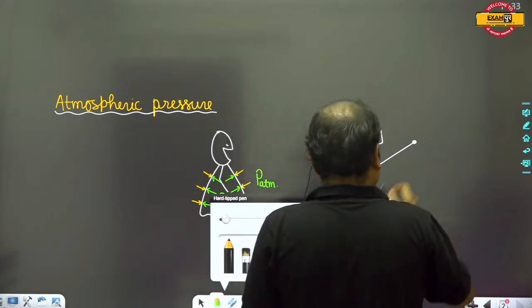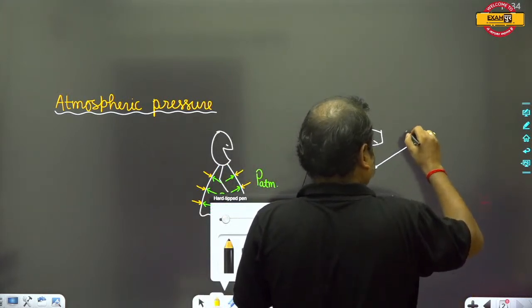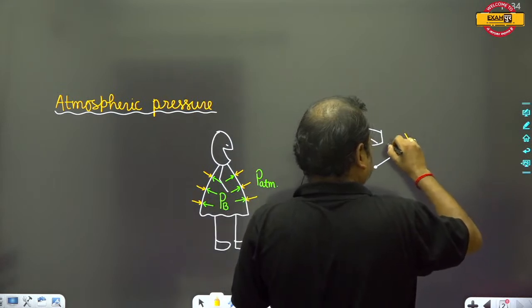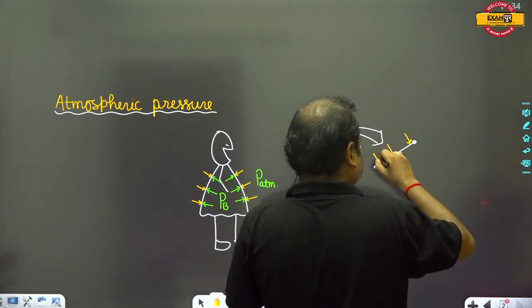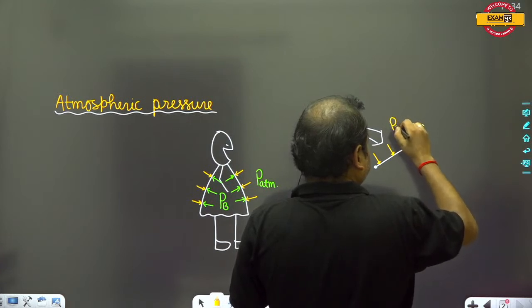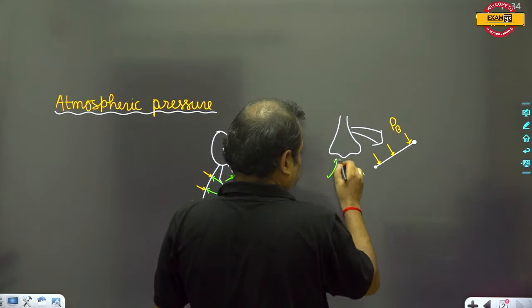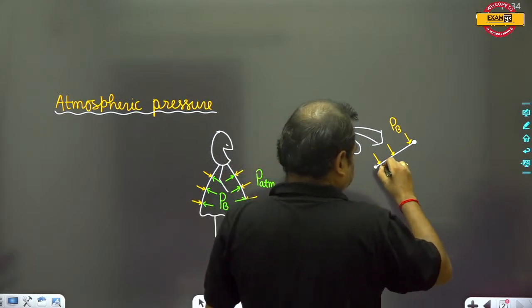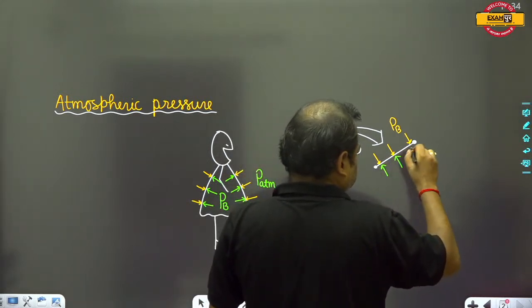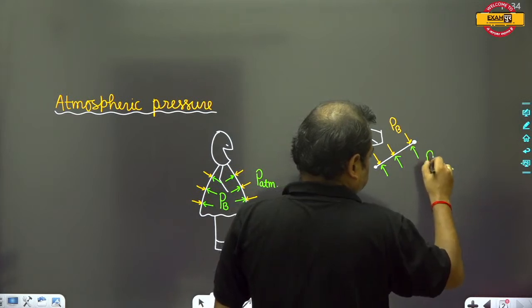In the upper part, here the blood pressure acts. But when he breathes, obviously atmospheric pressure will balance the situation.